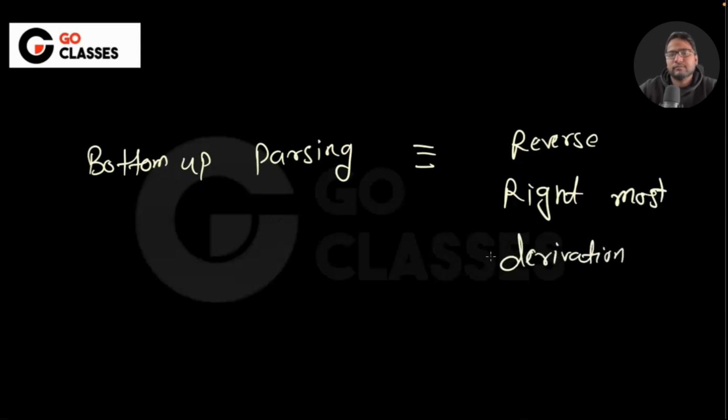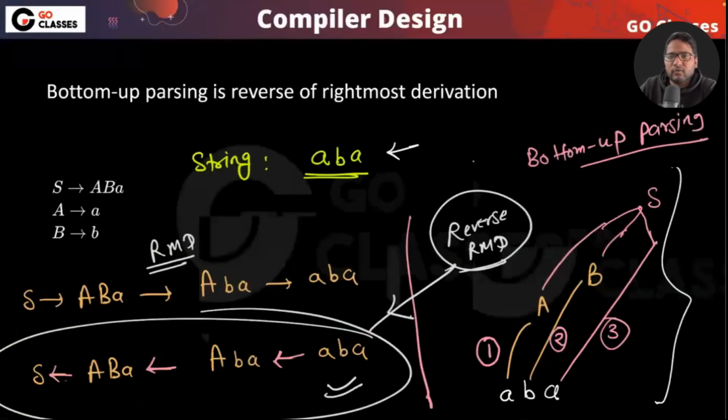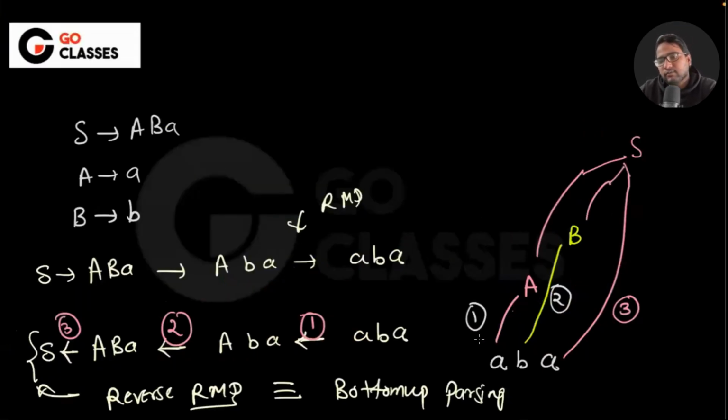See here, bottom-up parsing is the same as the rightmost derivation, but you are doing the reverse.